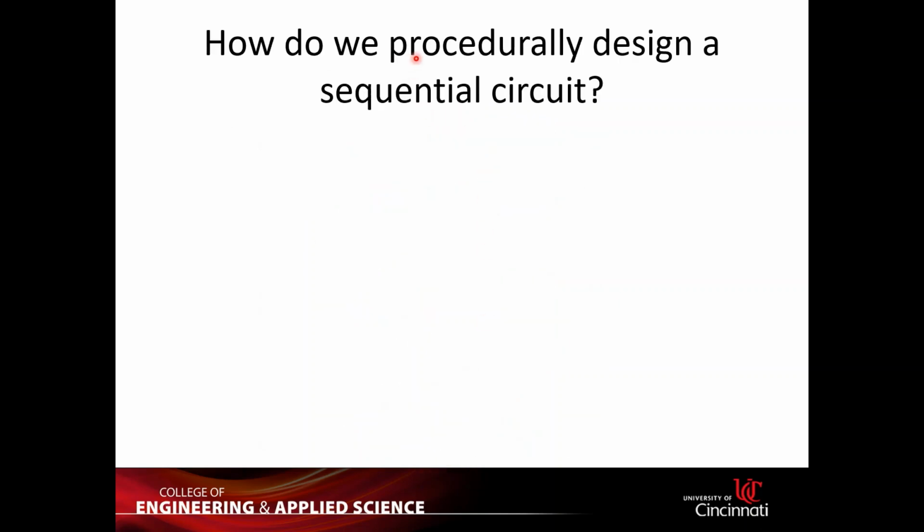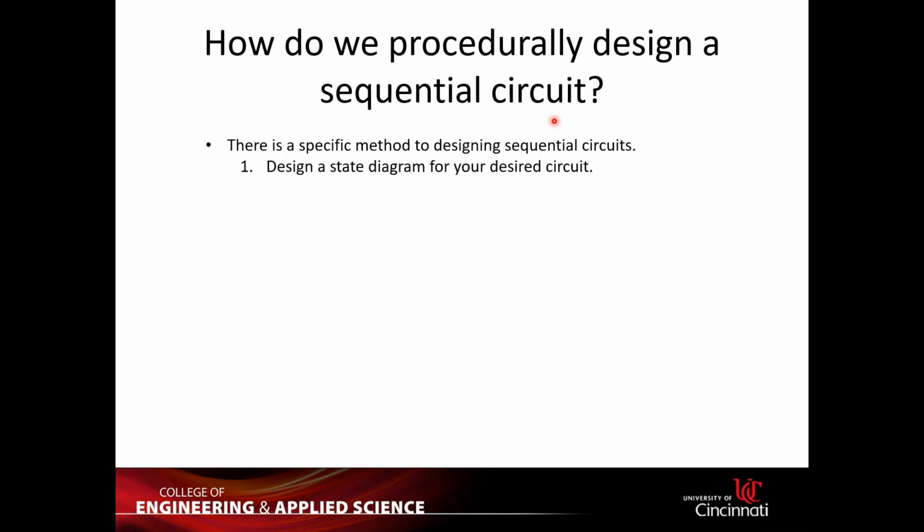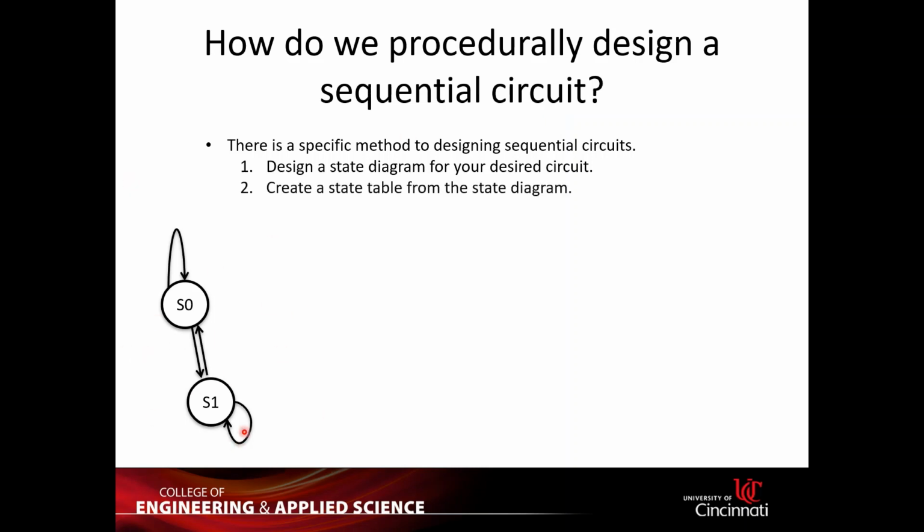So how can we come up with a procedure for designing a sequential circuit? So first, you can design your state diagram. Okay, and this state diagram is based on a specification someone gives you, that they want that circuit to perform a certain way. So you can make some state diagram like this. Okay, then you create a state table from the state diagram.